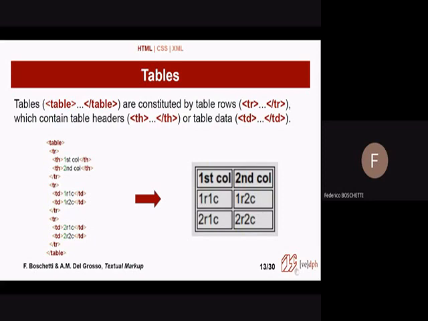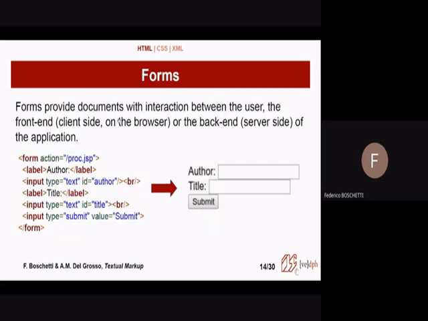And very interesting is the possibility to have an interaction with web services or with other applications. Okay, so forms provide documents with the interaction between the user and the front end, that is the client side on the browser, or the backend, that is on the contrary server side.